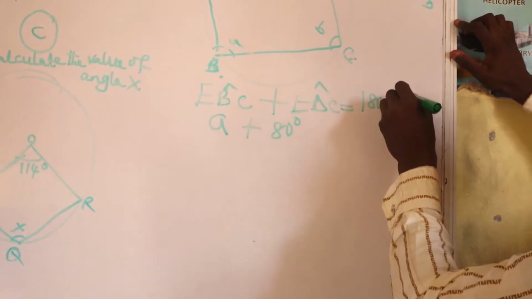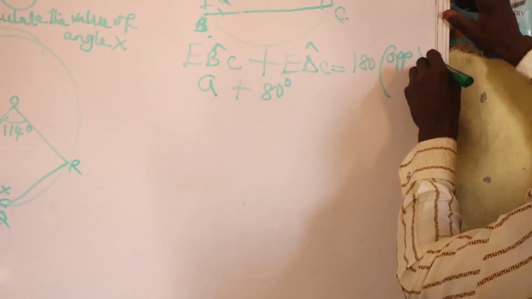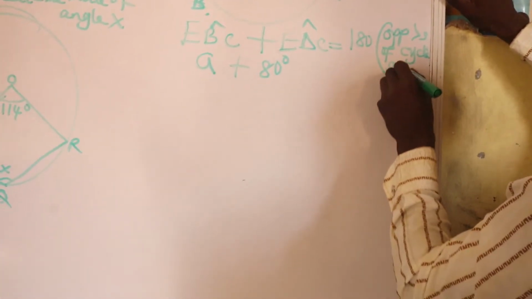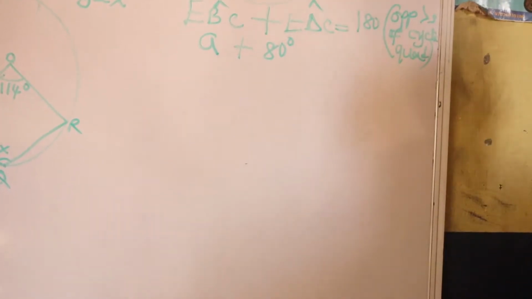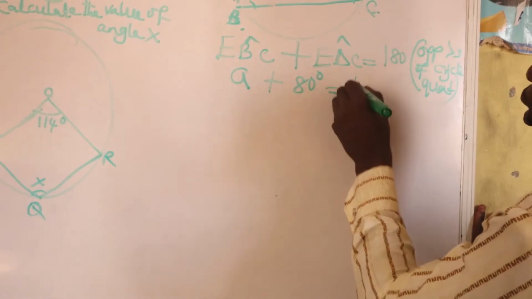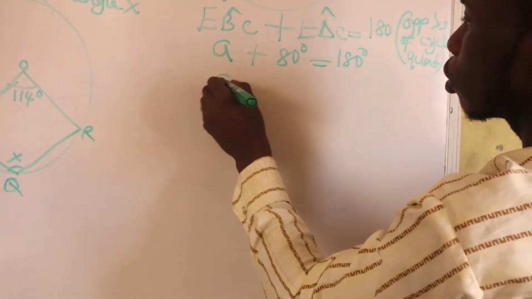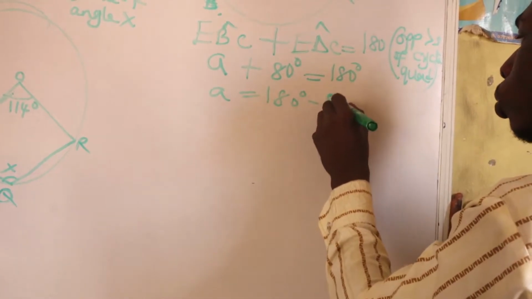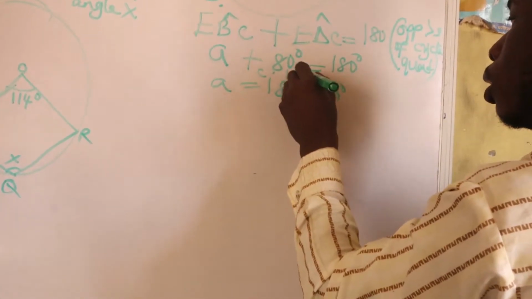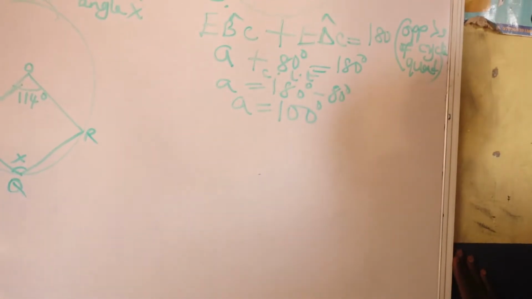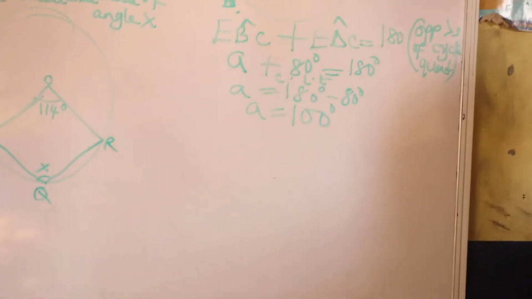You tell them that opposite angles of a cyclic quadrilateral add up to 180 degrees. Collect like terms. So you have A to be equal to what? 100 degrees. I hope you grasp that.